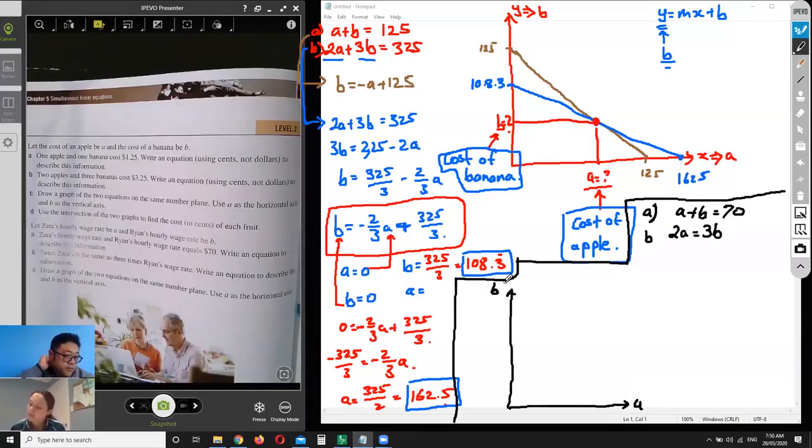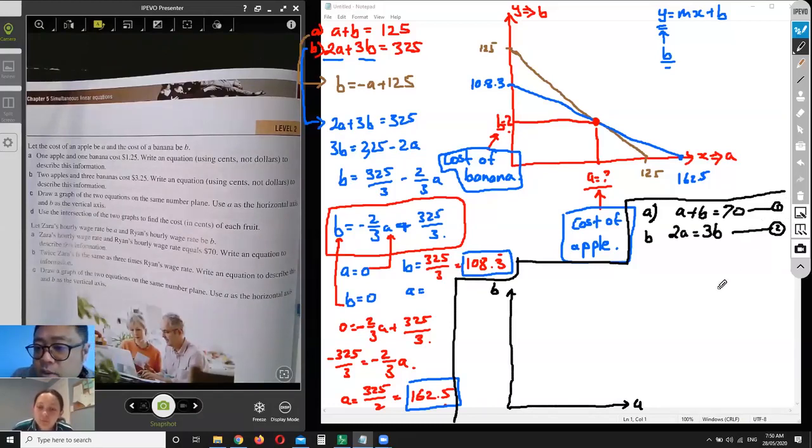Now, what we have to do is figure out how we're going to graph line 1 and how we graph line 2. What would be your method of doing it? There's a couple of ways of doing it. Rearrange. Yep, rearrange.